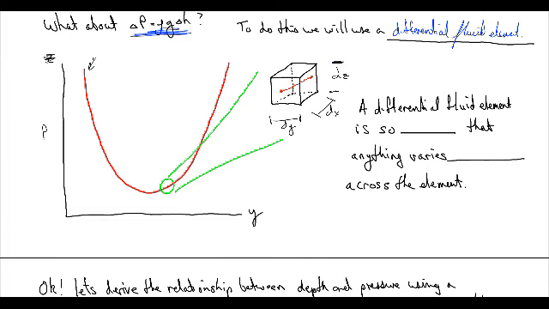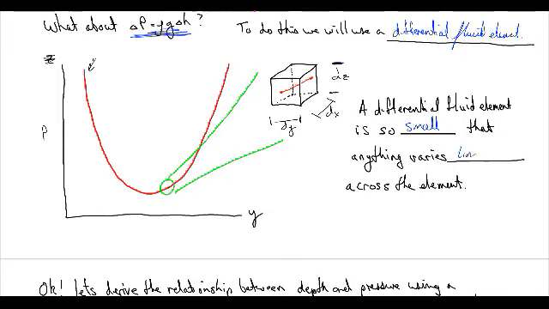We've already talked about this one: it's infinitesimally small. Then we said that this varies like a line. So what's the adjective for varies like a line? It varies linearly across the element.